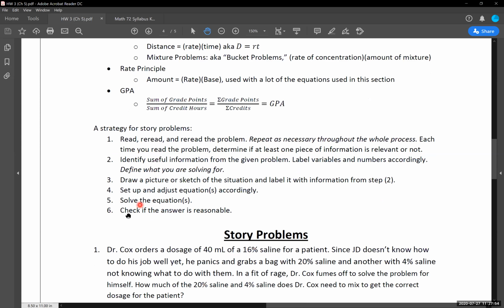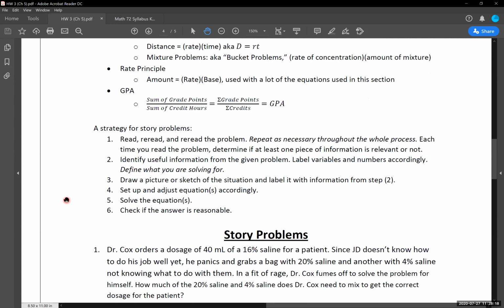But I think most of these are some universal truths, or some very good universal steps to take whenever you're solving these story problems. Okay. But again, you will need to get through and develop your own process. This is just hopefully a good starting point for a lot of these.